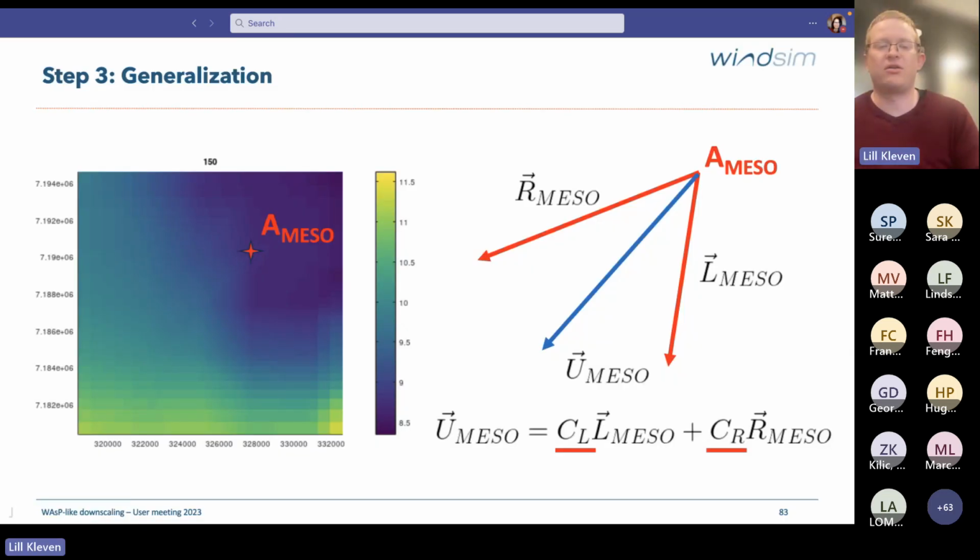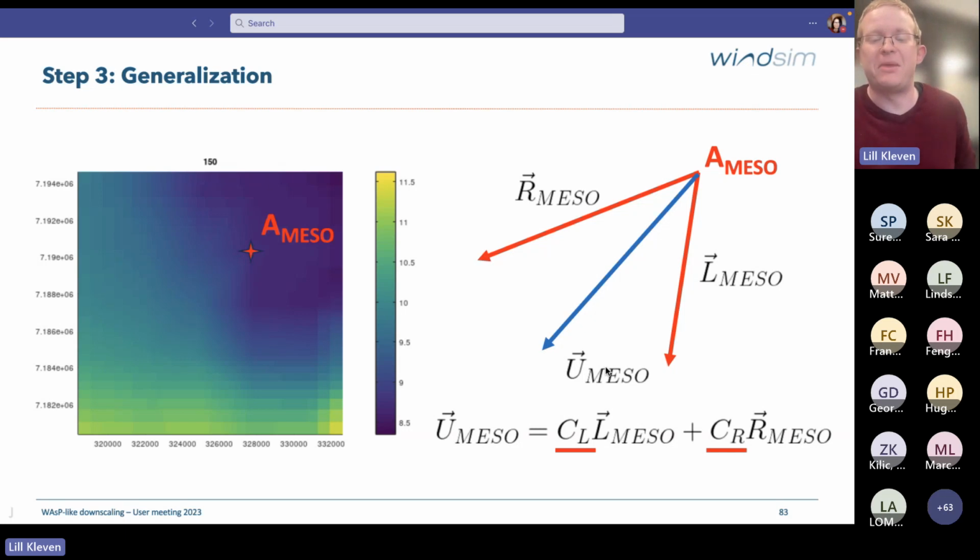Okay, so we have the mesoscale points located every 3 kilometers inside the domain. And what we want to use is we want to generalize it. We want to represent each mesoscale wind vector.